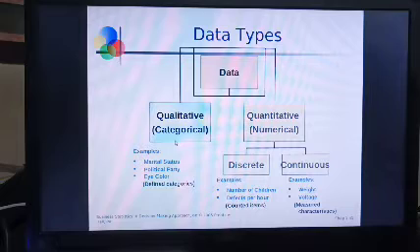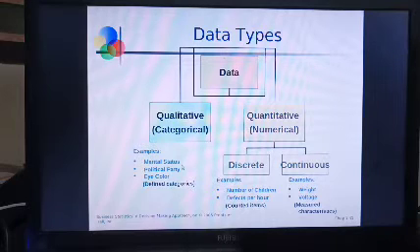Examples of qualitative are marital status. Usually marital status is single, married, divorced, separated, widow, widower. Also political party. In the Philippines, we have what?